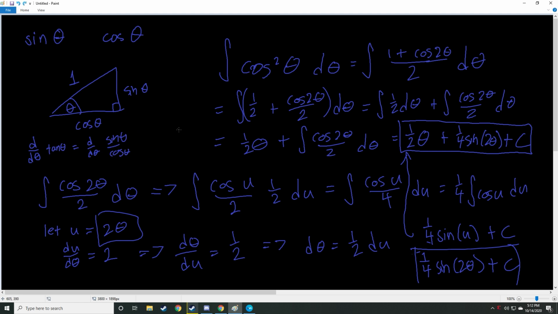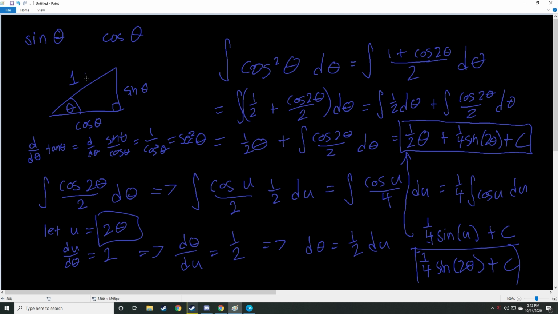Low d high minus high d low, square the bottom, away we go, however you were taught it. You can figure out that this is actually equal to 1 over cosine squared of theta, which is the same as secant squared theta.